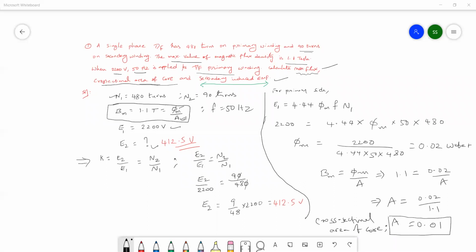Note down quickly so that we can do one more model problem, very simple one, for your MCQs they may ask.